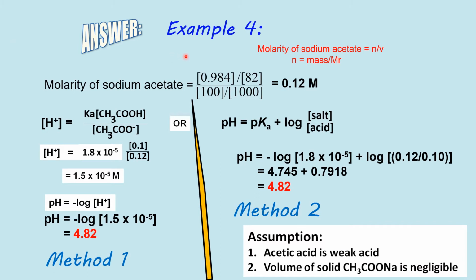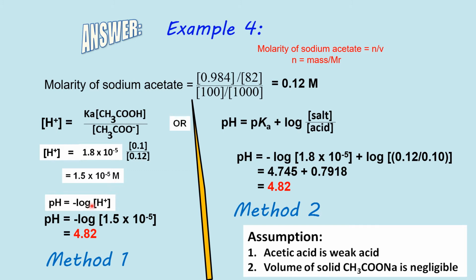Solution for example 4. First find the mole over the volume in order to get the concentration of the conjugate base, which is 0.12 molar. After that, there are two methods. Method 1, we take out the concentration of H plus, so Ka times the concentration of weak acid over the concentration of the conjugate base, and then we get 1.5 times 10 to the power of negative 5 molar.